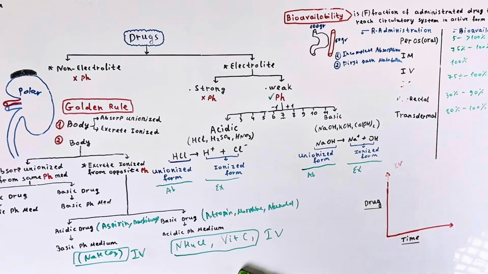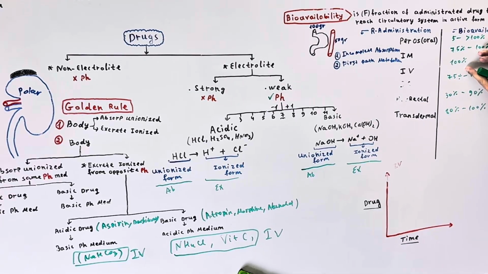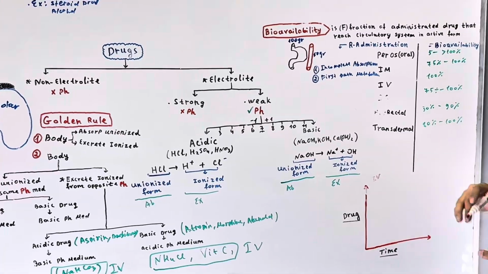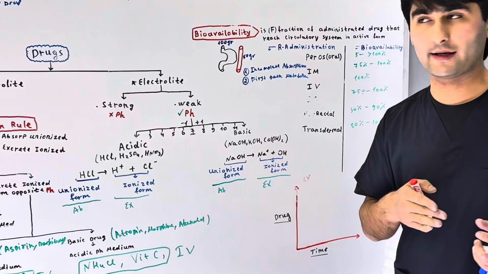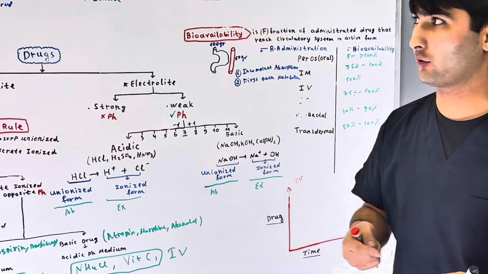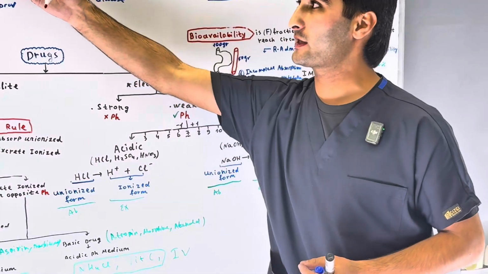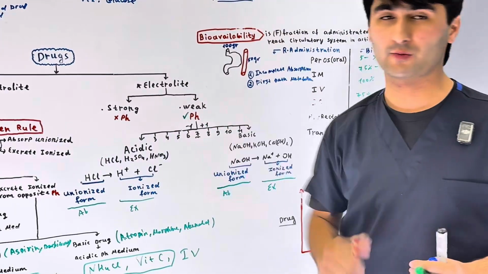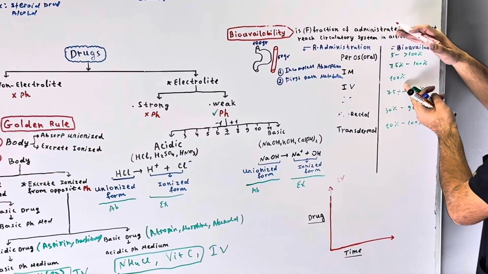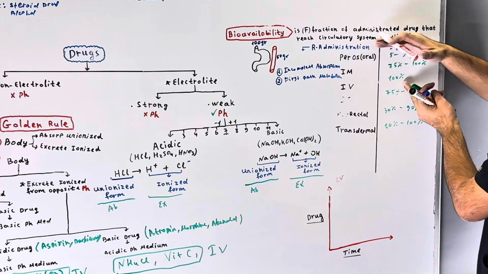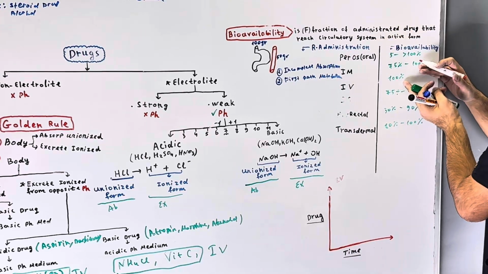I told you that bioavailability for intravenous administration is always 100%. Why? Because we inject the drug directly through the veins. It goes directly to the blood circulation without passing through the gastric cells, without going through first pass metabolism. That's why the bioavailability, the fraction of the administered drug that reaches the circulatory system, is 100%.